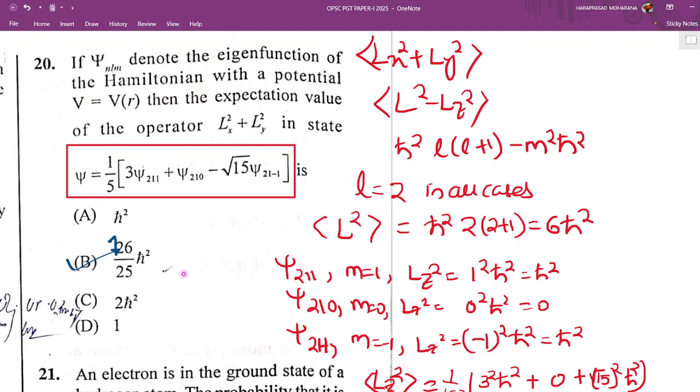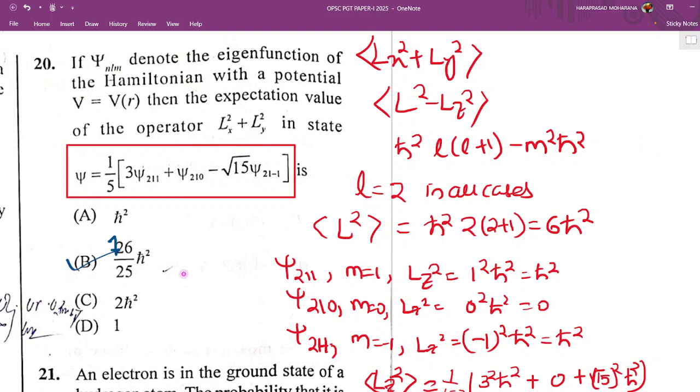Now the thing is how to calculate. Let's first calculate for L square. You know psi NLM. In psi NLM we have n is 2 here in all the three cases, and L is equal to 1. And m is changing, that is m is 1, 0 and minus 1.